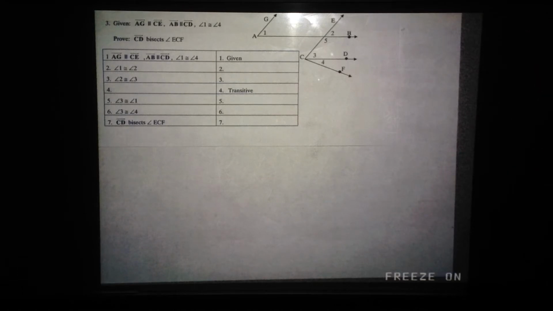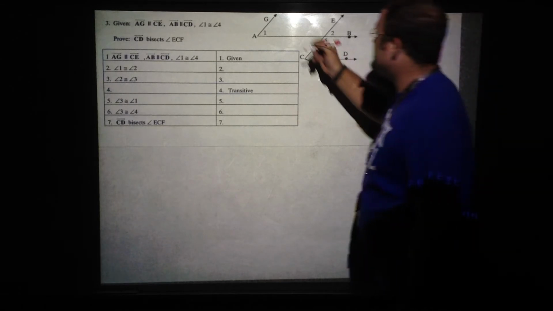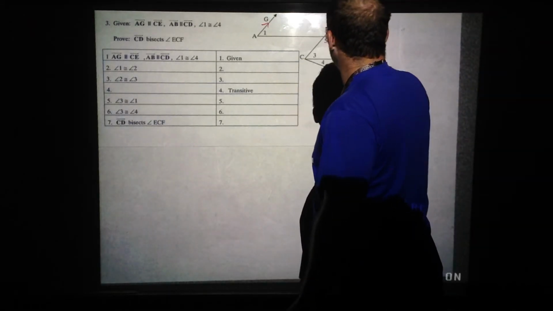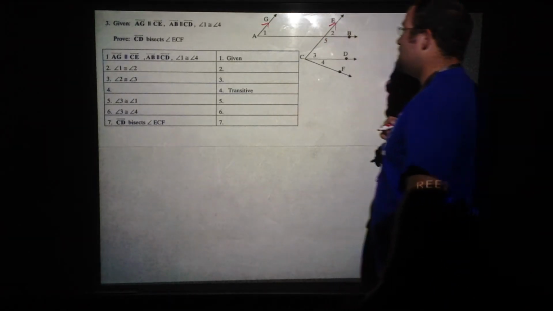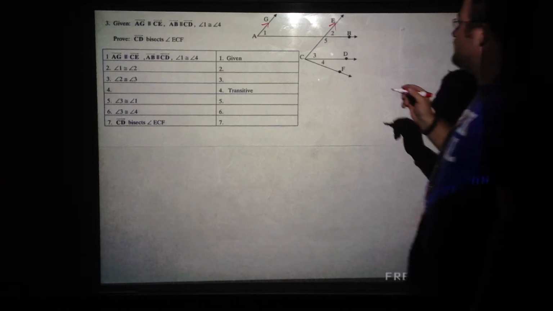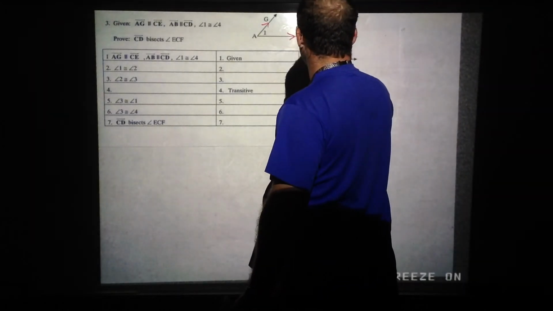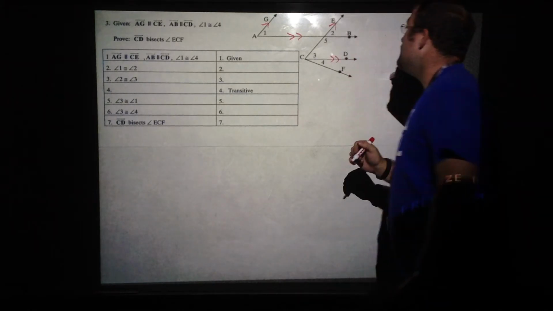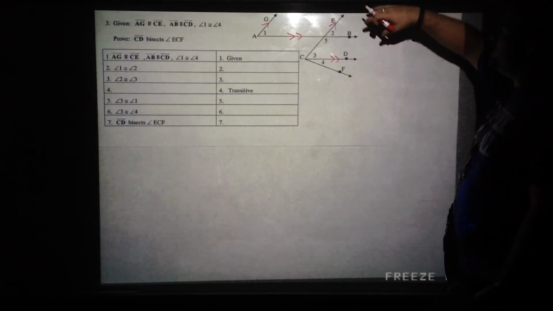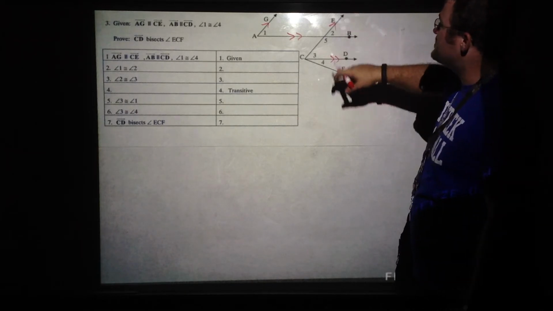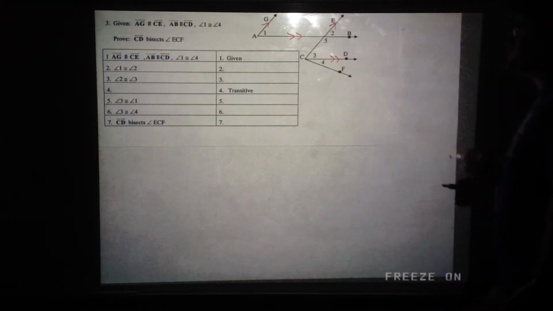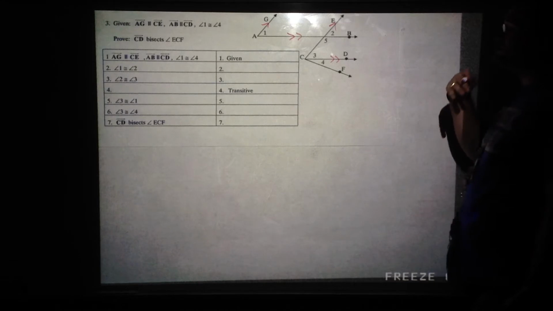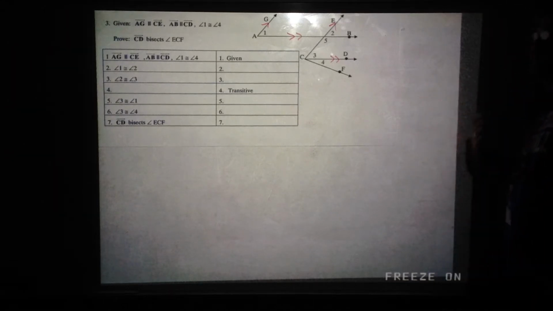Now looking at question number 3, we have our given, which is ray AG is parallel to ray CE. And it tells us that ray AB is parallel to ray CD. Notice that our first set of parallel lines we marked with 1 arrow, our second set of parallel lines we marked with 2 arrows, denoting that they're 2 different sets of parallel lines.